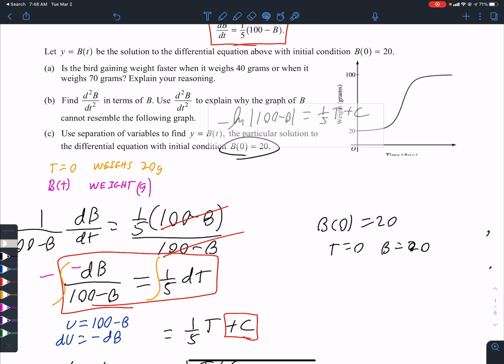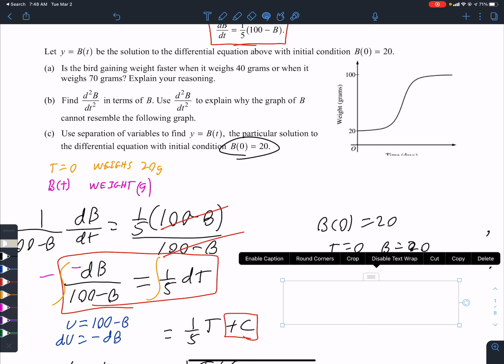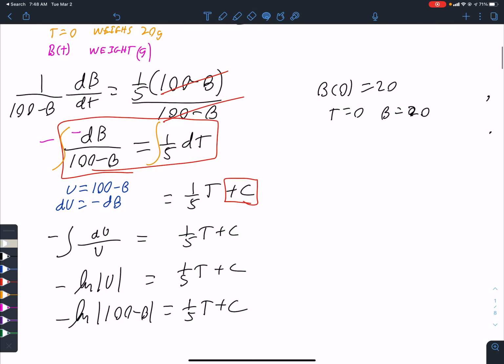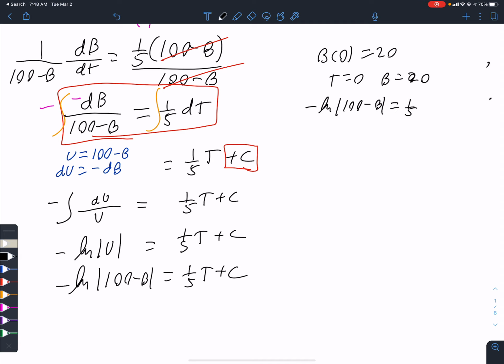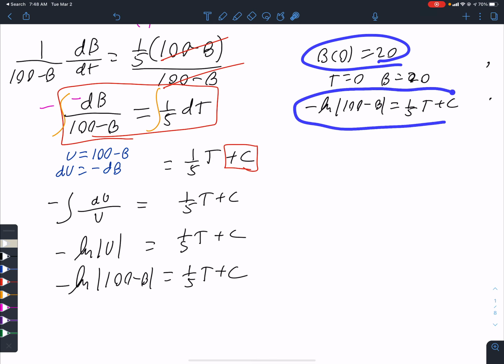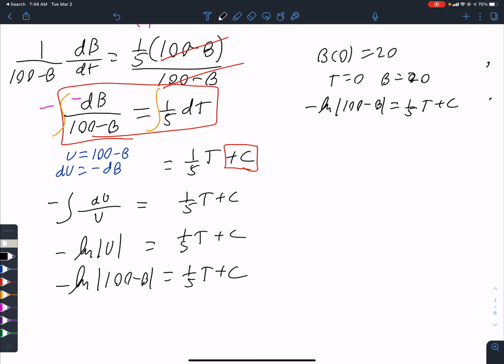Nope, it's going to hide it behind it. So I'm just going to rewrite that. Since this is a point in my solution, and this is my solution, I should be able to plug it in.